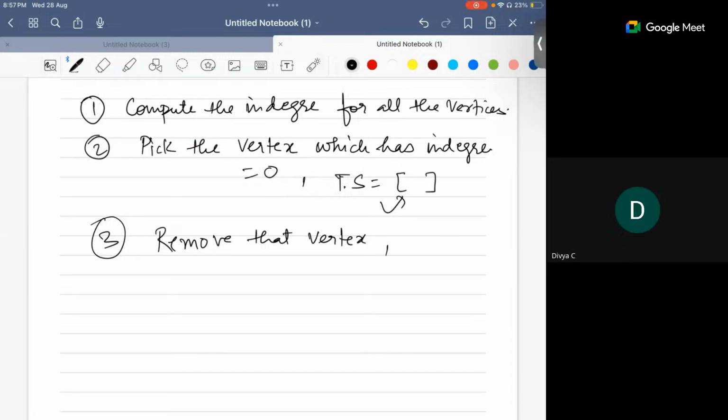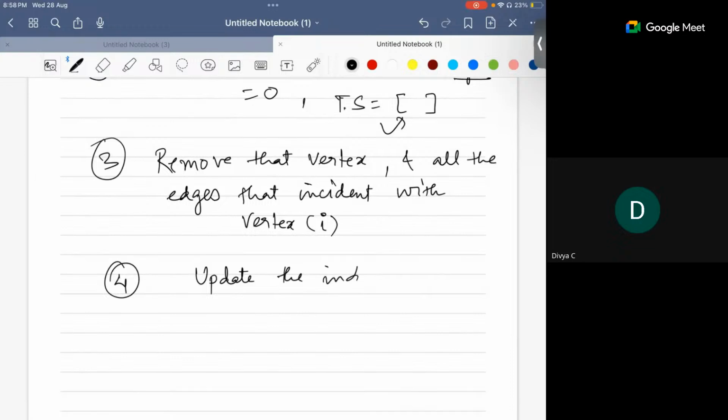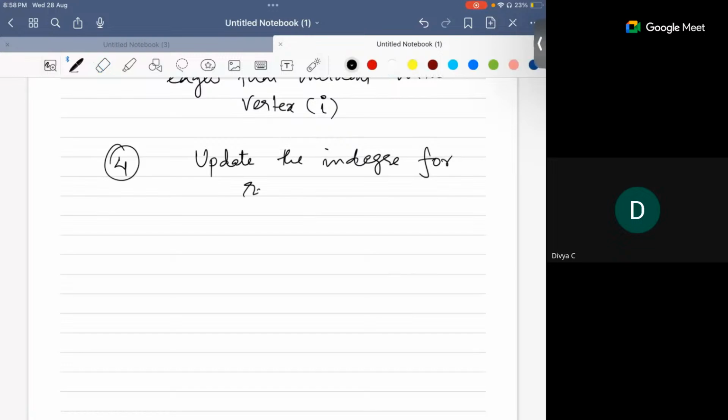Remove that vertex and all the edges that are incident with that vertex I. And then you have to again update the in degree for the remaining vertices.